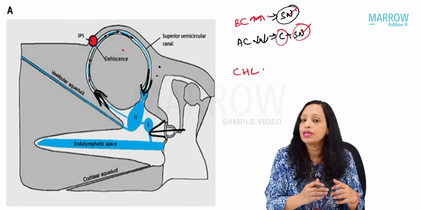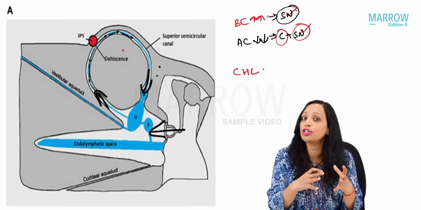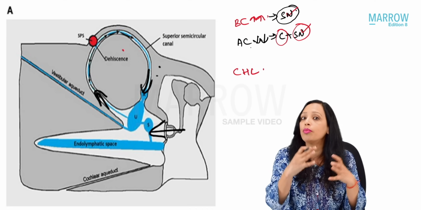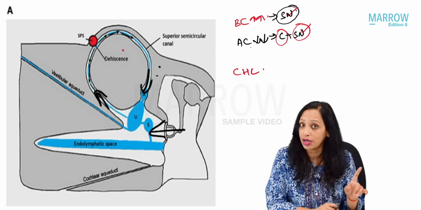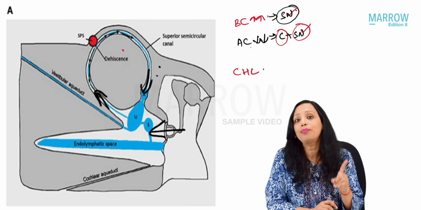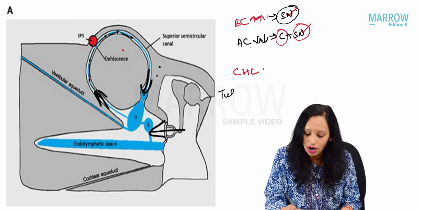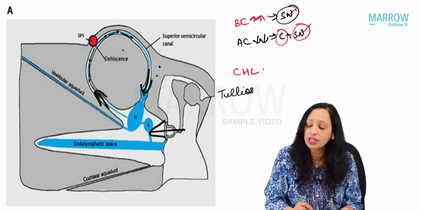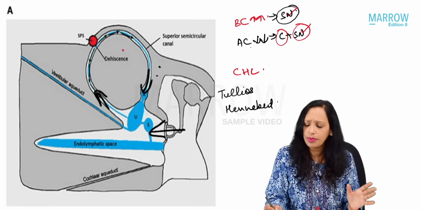So, these loud sounds as well as pressure changes will excessively stimulate the inner ear, and that will lead to vertigo, but that will be only on loud sounds or on pressure changes. Vertigo on loud sounds is known as Tullio's phenomena, whereas vertigo on pressure changes is what is known as Hennebert sign. So, is that very clear?